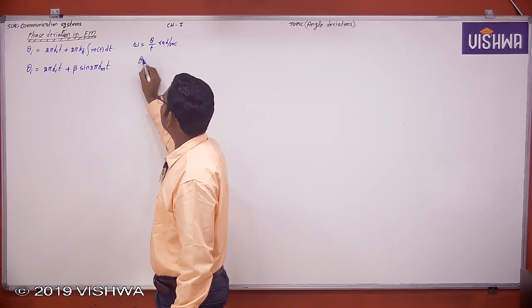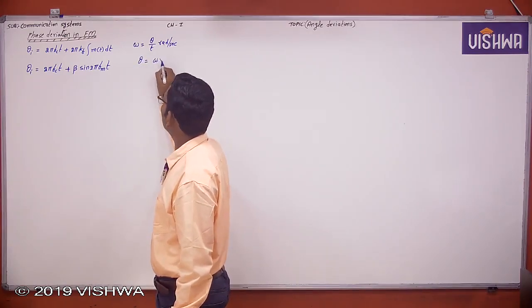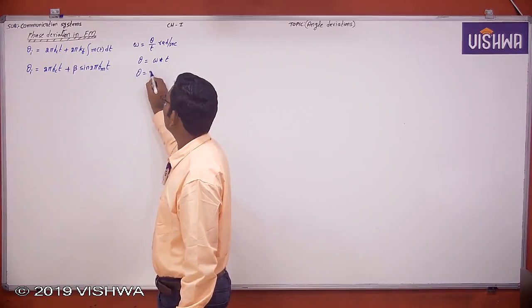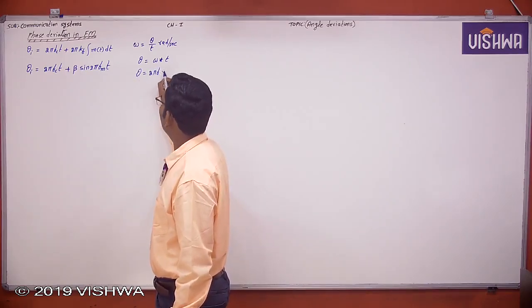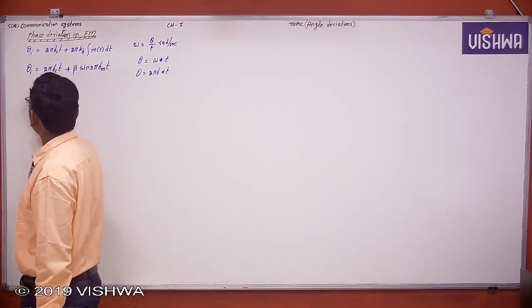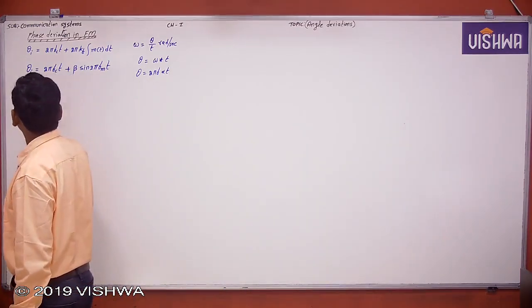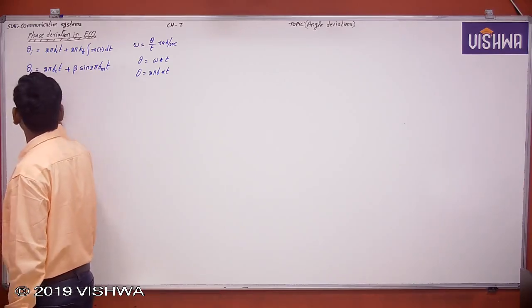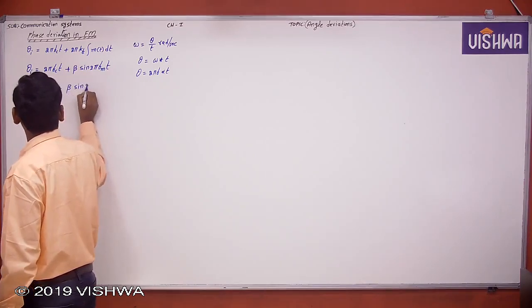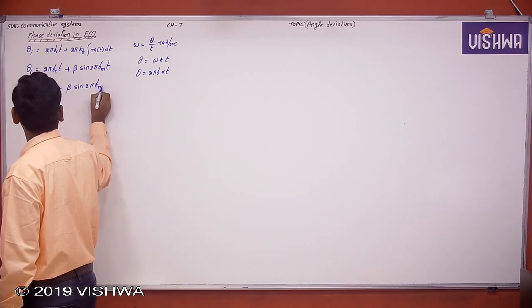Now the phase angle theta is equal to omega into t, or theta is equal to 2 pi f into t. So now you see here, this is theta i, this is 2 pi fc into t, meaning this is the angle itself, plus beta sine 2 pi fm into t.